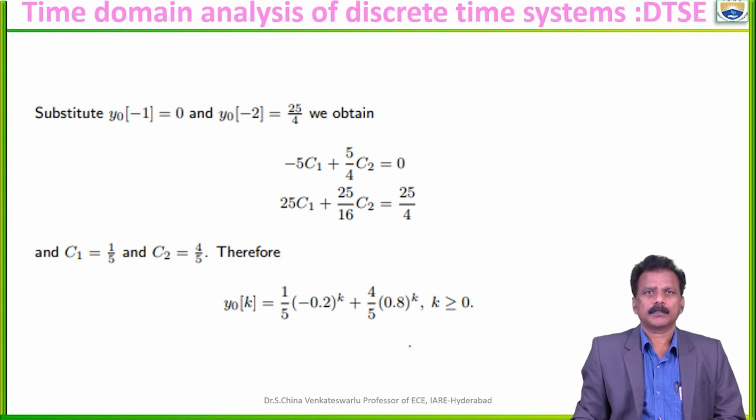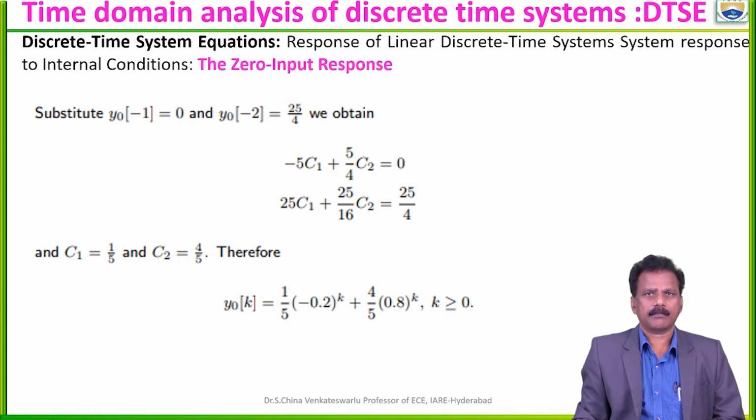Substitute y naught of minus 1 equal to 0 and y naught of minus 2 equal to 25 by 4. We obtain minus 5 C1 plus 5 by 4 C2 equal to 0, and 25 C1 plus 25 by 16 C2 equal to 25 by 4. So C1 is equal to 1 by 5 and C2 is equal to 4 by 5.